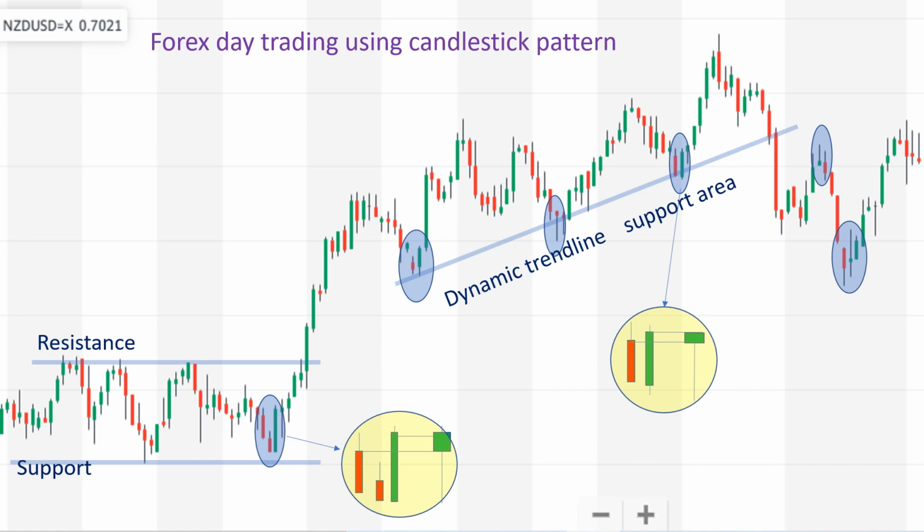So we see that we can use candlestick pattern and candlestick math blending in order to find the proper entry and exit points, and you can use your stop loss at the right places so that you don't lose money. So this is how you can trade Forex day trading and make money from the stock market.